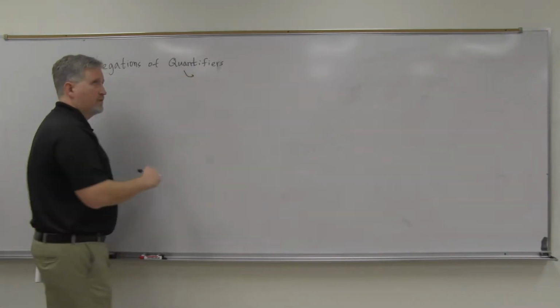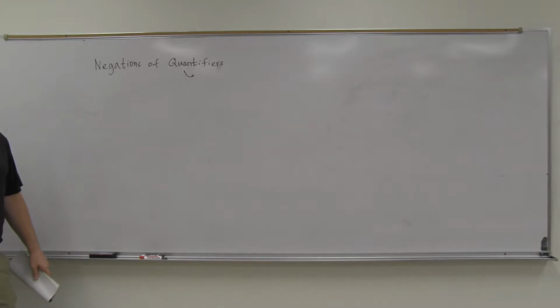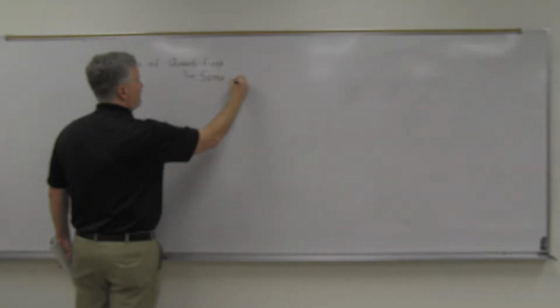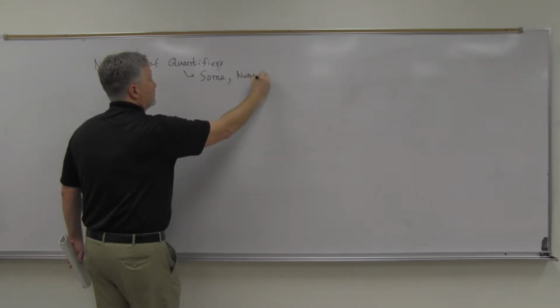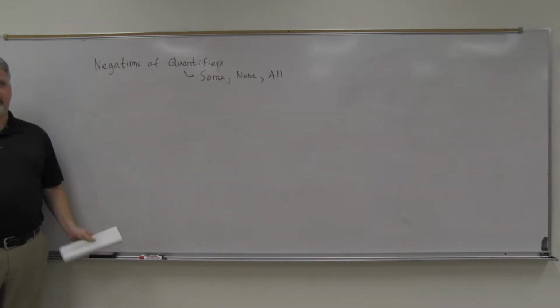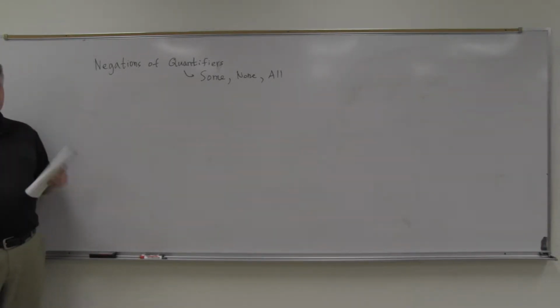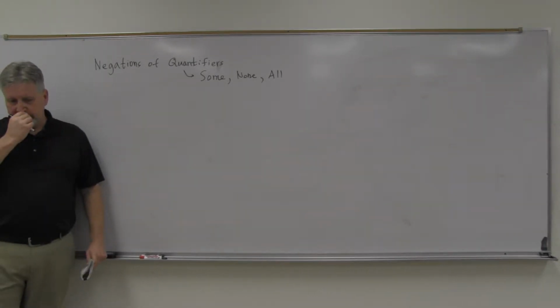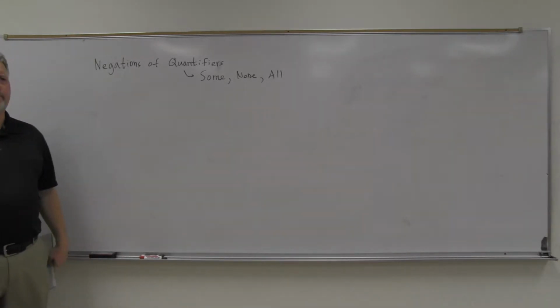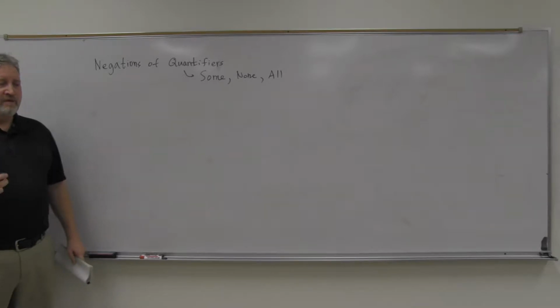And so the basic ones that we'll talk about are some, none, and all. Those have quantity associated with them, right? None, some, all. They're sometimes a little tricky. You just kind of have to remember and think through it.